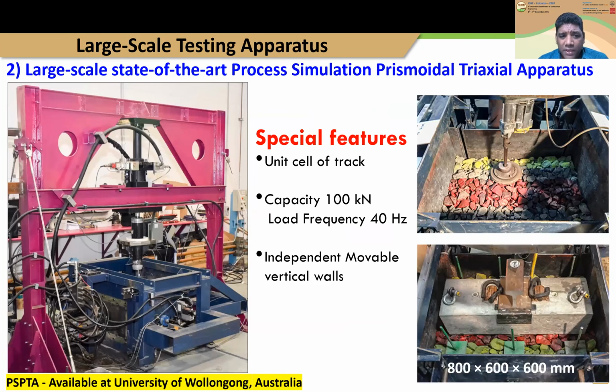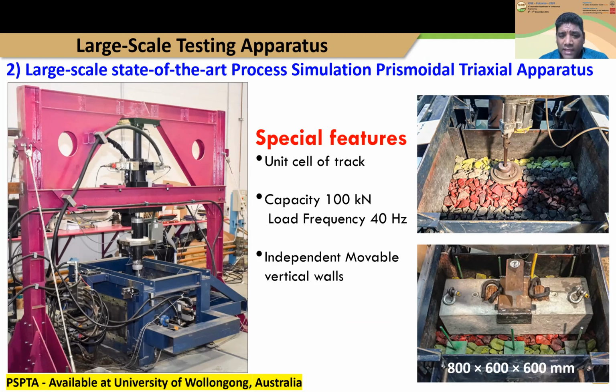Then the second apparatus is the state-of-the-art process simulation prismoidal triaxial apparatus available at the University of Wollongong, Australia. This special machine has some special features. We can simulate a unit cell of a rail track under this testing unit.